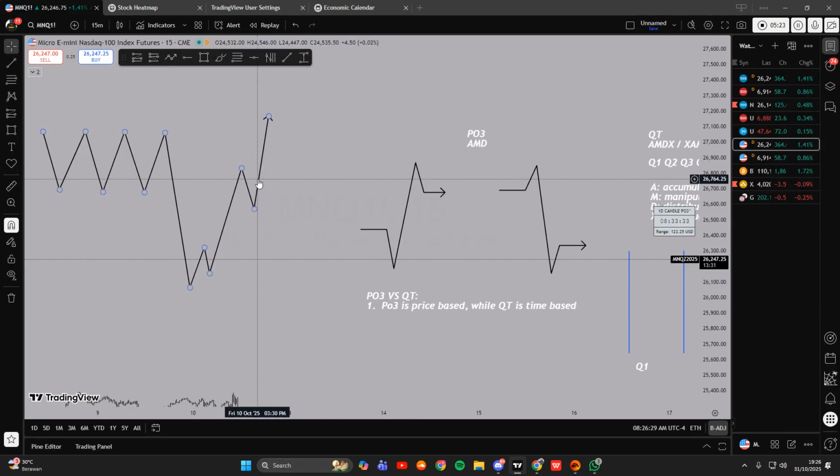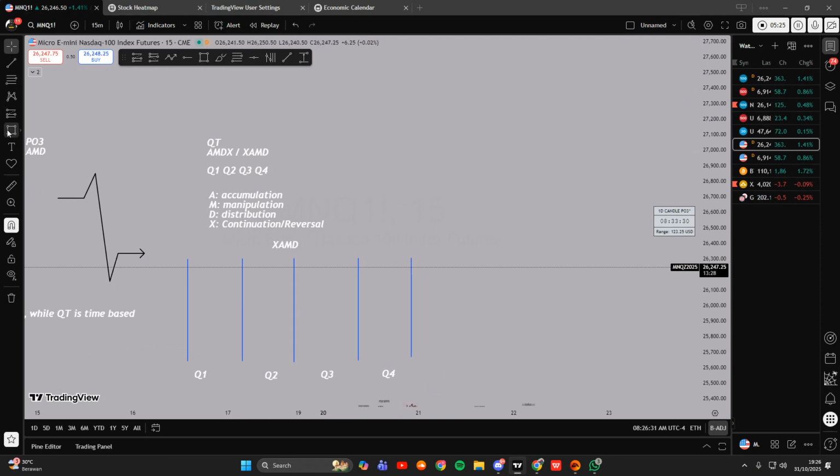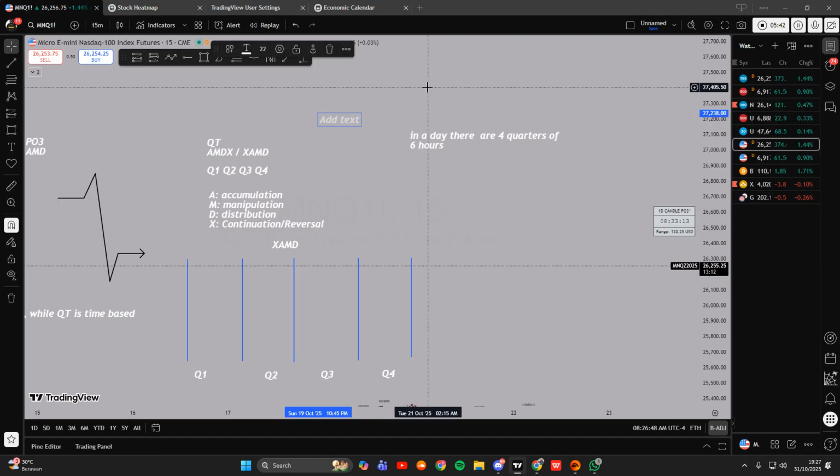Now, quarterly theory is time based. What do I mean by that? Let's say in a day there are 4 quarters of 6 hours. The first six hours after market open, and then the next 6 hours, the next 6 hours, the next 6 hours. So it would be these 4 quarters repeatedly. 6 hours, 6 hours, 6 hours, 6 hours.